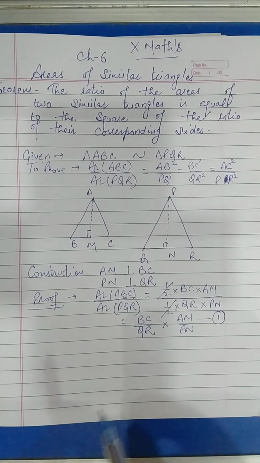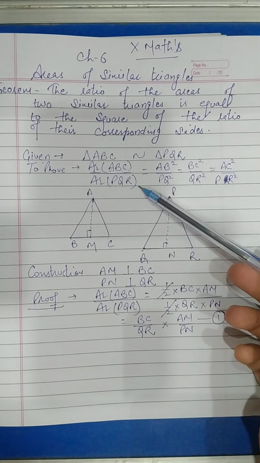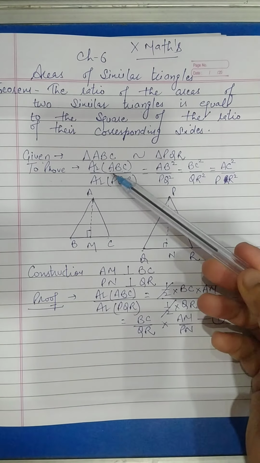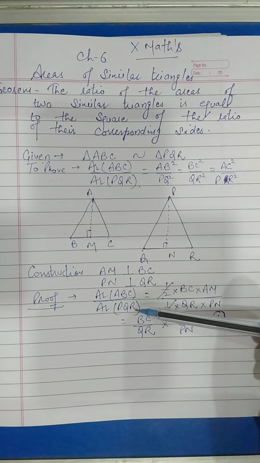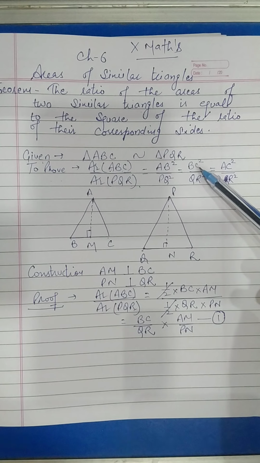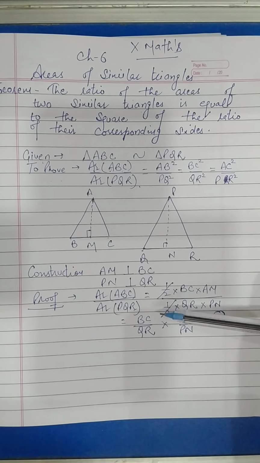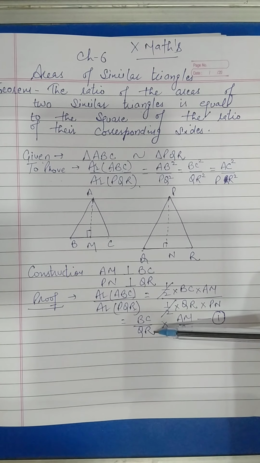Now just see, what is similar in the proof and in equation number 1? We started from area of ABC divided by area of PQR and we have reached BC upon QR, but we need BC square upon QR square.